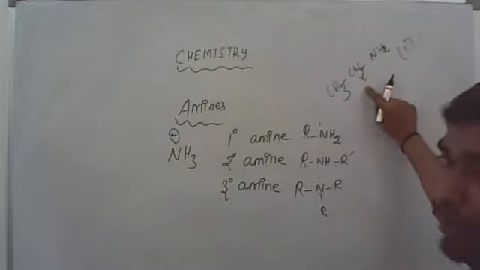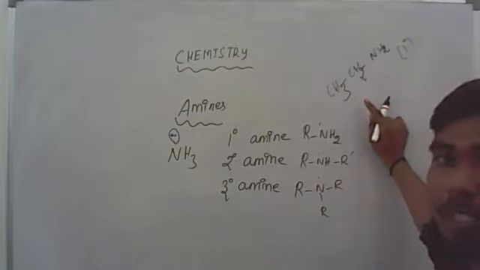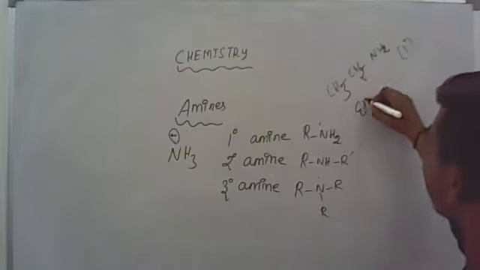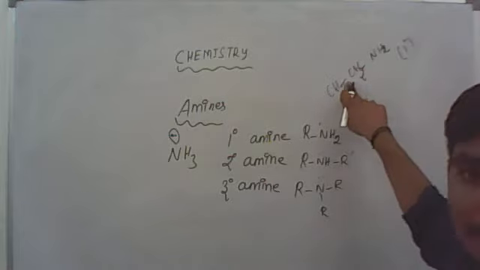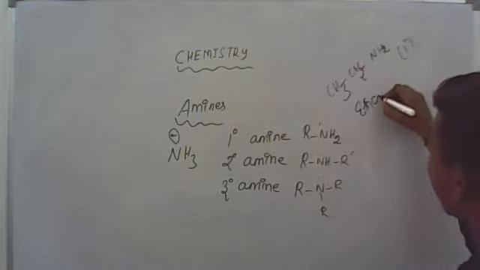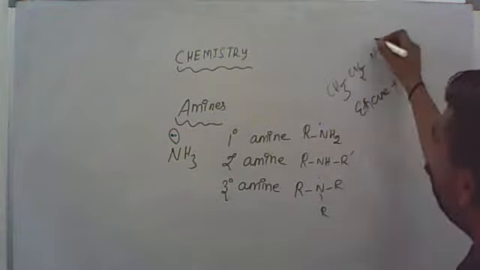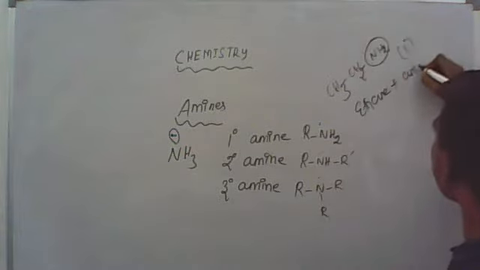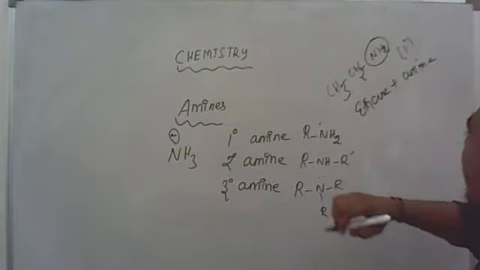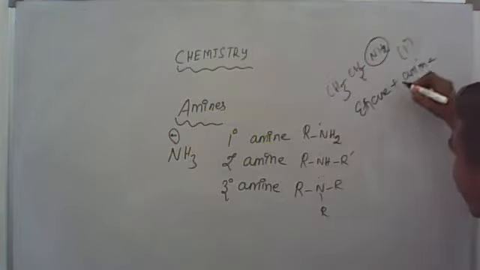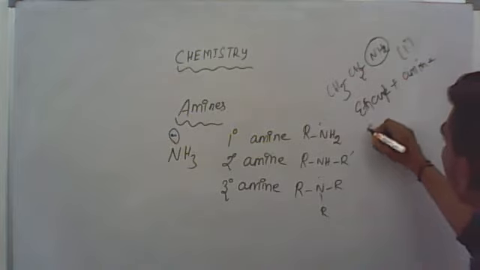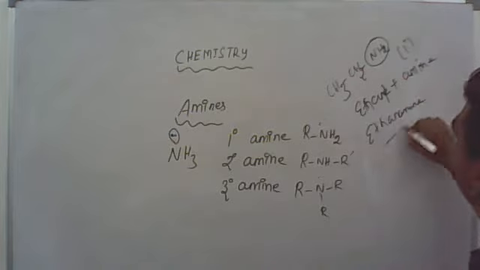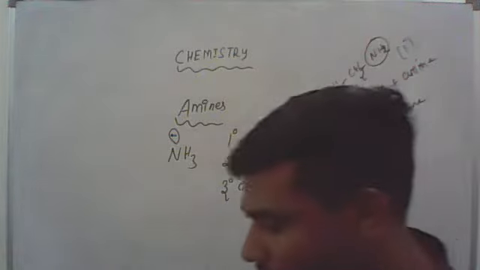CH3 CH2. There are two carbon atoms present in this system. Two carbons with a single bond means ethane, plus the functional group amine. Then how to write the name? Cut the E and join the name. So it's ethanamine.